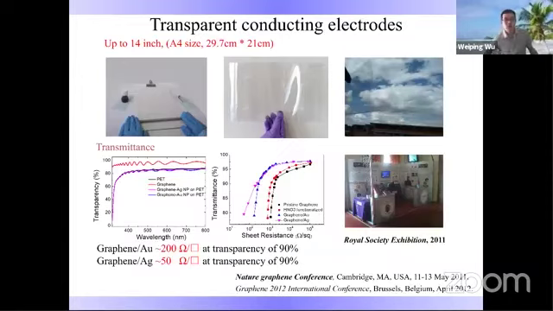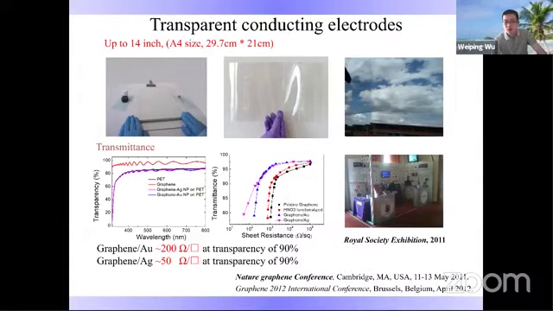I'm using another printing process, a roll-to-roll process, to print these large area graphene transparent electrodes. They show very low sheet resistance, around 50 ohm per square using silver, and about 200 ohm per square using gold.